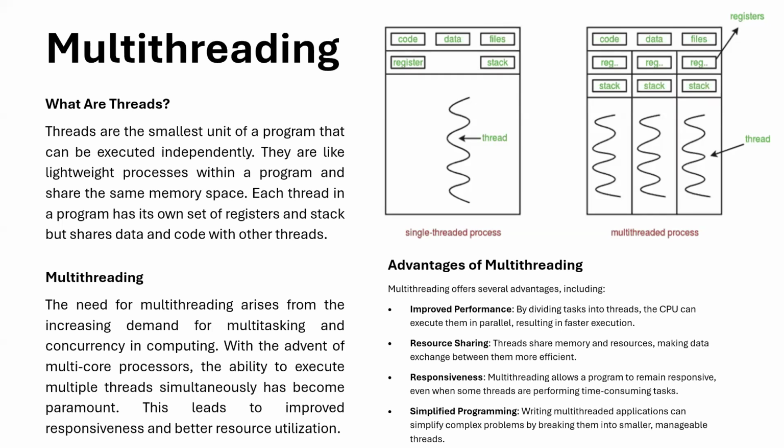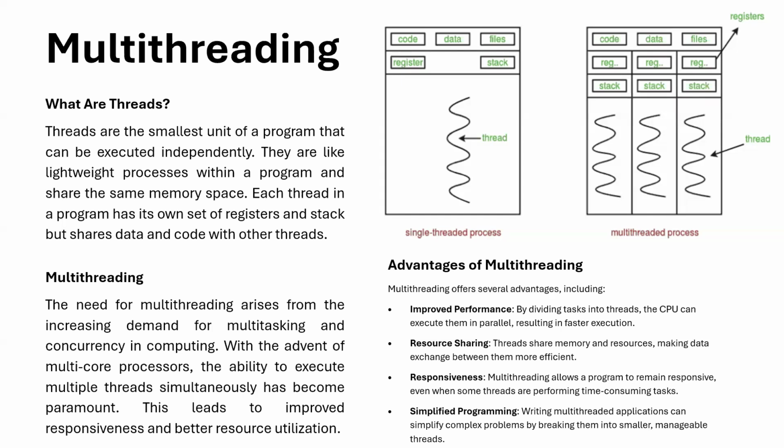So this diagram shows you a single thread will share what? The same register and stack, also the code and data file. But when you have multiple threads, this can be a single task that is divided into different single units of execution.